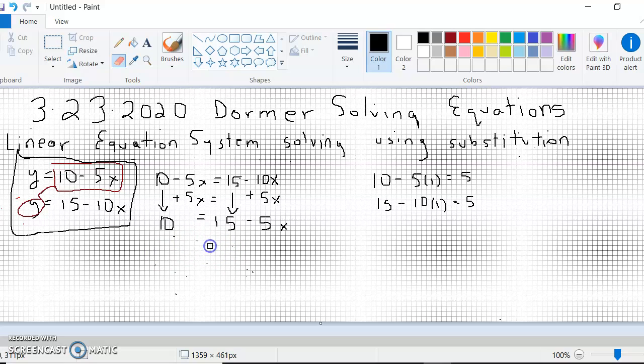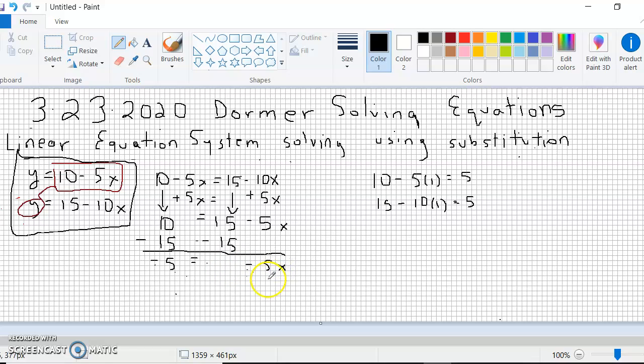So the next step that I would do is go ahead and get rid of that 15. So I have negative 15 over here, negative 15 over here, and negative 15 over here. So when I do that, I put my line over here to let me know what's going on. So I have negative 5x is equal to, this is 0, so I don't have to put anything, and I just bring this down.